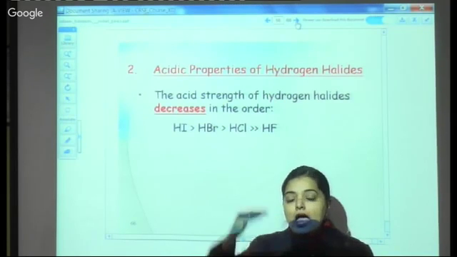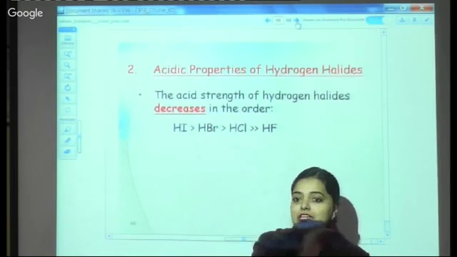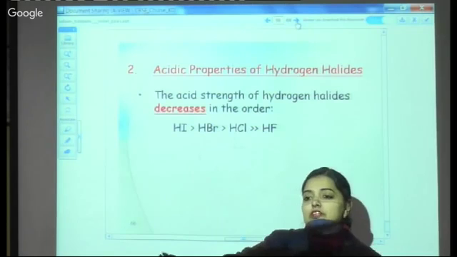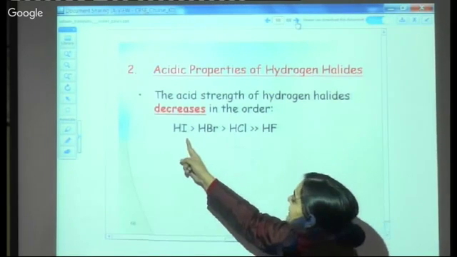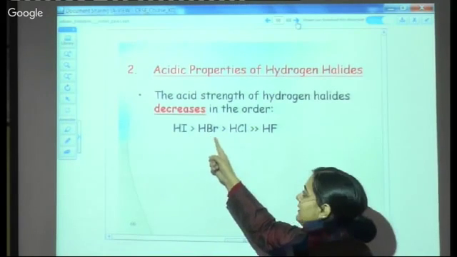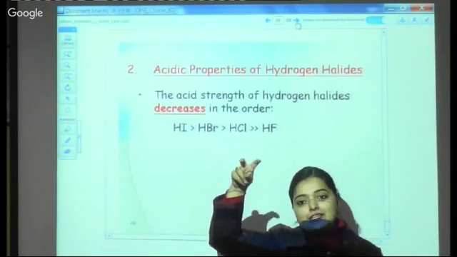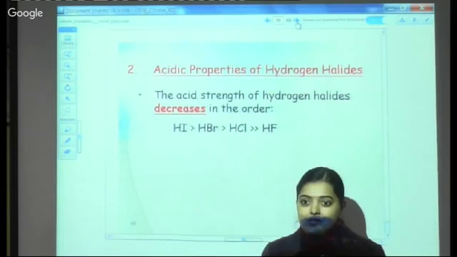Fine. And as we go down the group, the bigger size iodine will have the least bonding with the hydrogen. So it will have the greatest tendency to give away the hydrogen very well. In that case, HI has the greatest acidic strength. And the other way around, this time, the acidic strength increases down the group. Fine. Because it is about giving away the hydrogen.